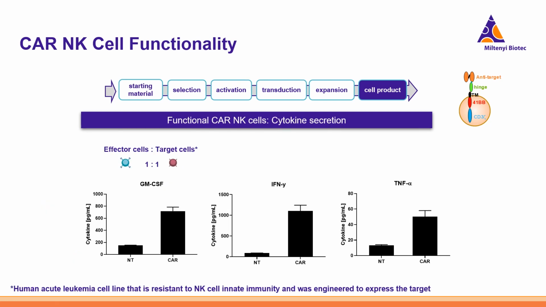The same is mirrored in the cytokine secretion of the CAR NK cells. What you can see here is the same setup with the effector cells and the target cells in a ratio of 1:1. And for the cytokines GM-CSF, interferon alpha, and TNF alpha, you can see that the cytokine release is actually increased.